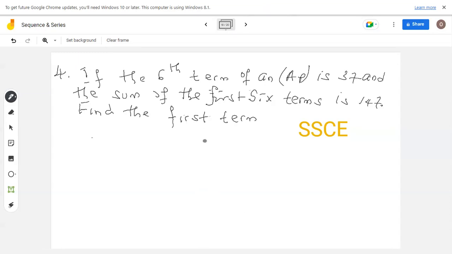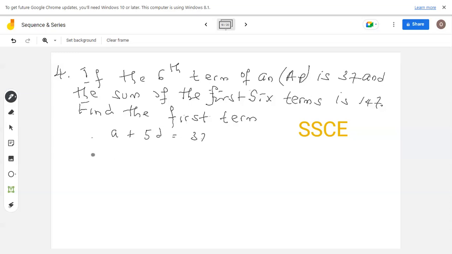It tells us if the sixth term of an AP is 37 and the sum of the first six terms is 147, find the first term. To find the first term, the sixth term is 37, that is to say, A plus 5D is equal to 37. Then the sum of the first six terms is 147.